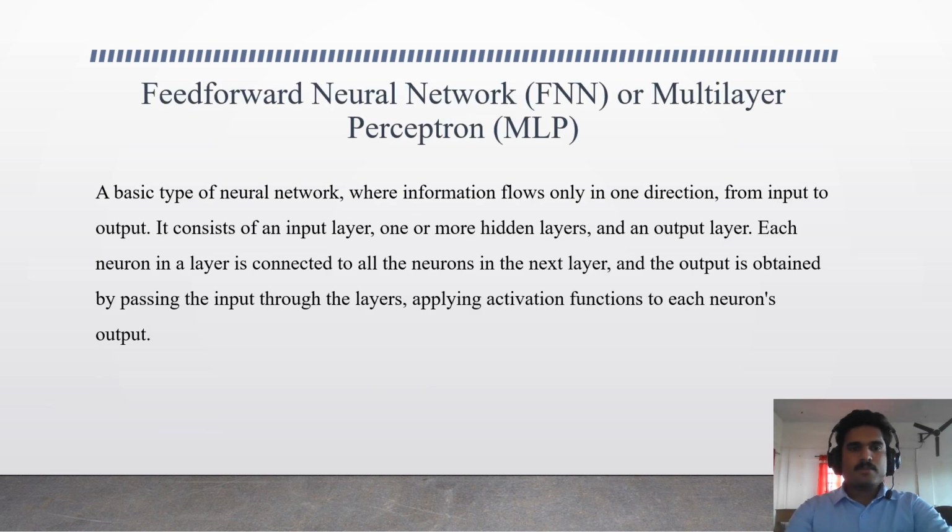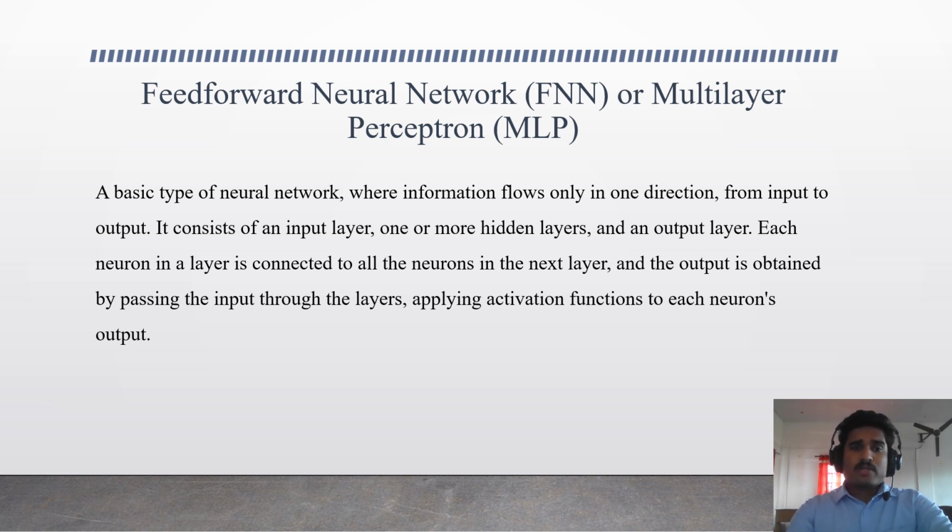Let's discuss the first deep learning network. The first one is the feed forward neural network or multi-layer perceptron. It is a basic type of neural network. Information flows in only one direction, from input to output. It consists of an input layer, one or more hidden layers, and an output layer.